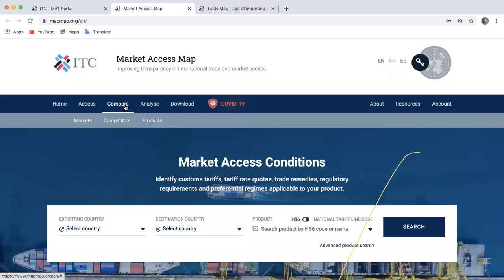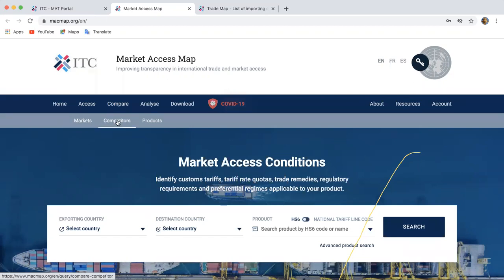This one I really like because it allows you to compare market access conditions across different markets or for different competitors. If I am a Japanese exporter of green tea, I want to see what my treatments are in different markets. I go to this page.